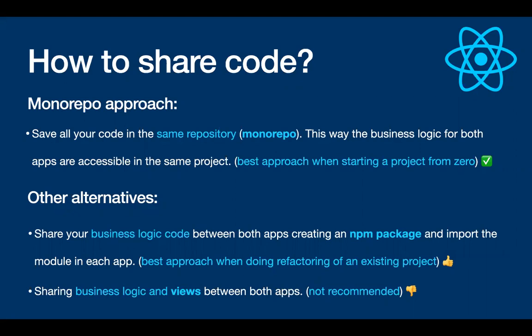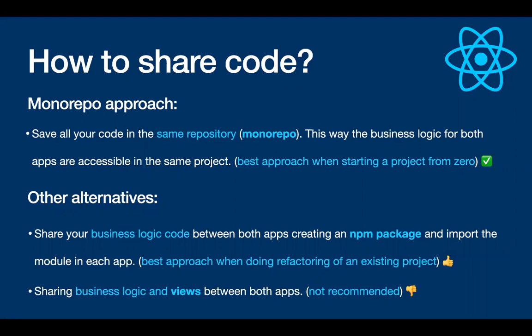Then you have different alternatives. For example, you can store all your business logic and the React stuff, the utils, configurations, translations into an NPM package and import it as any NPM package, the same way we do frequently.